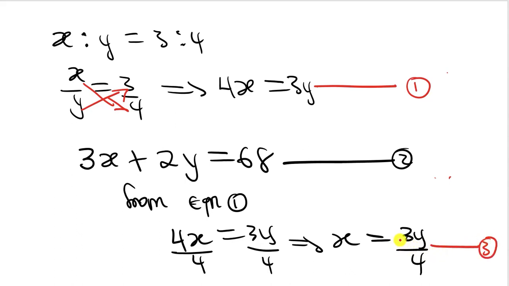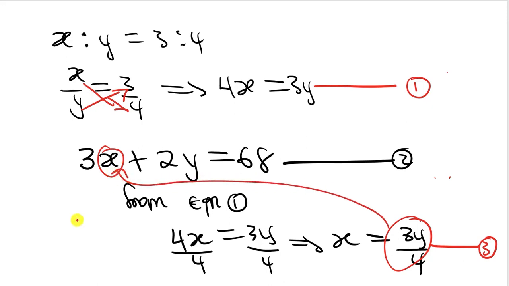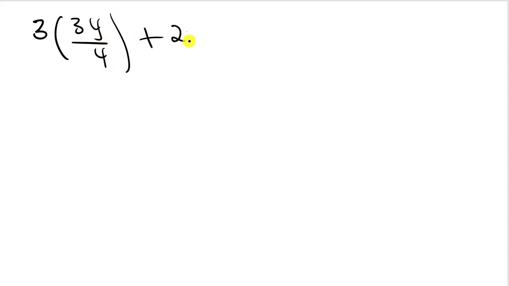Now what we are going to do is substitute this equation 3 into equation 2. So wherever we see x in equation 2, we are going to substitute this particular expression there. All right. So we are going to have 3, our x, and we had x to be 3y over 4, plus 2y is equal to 68.